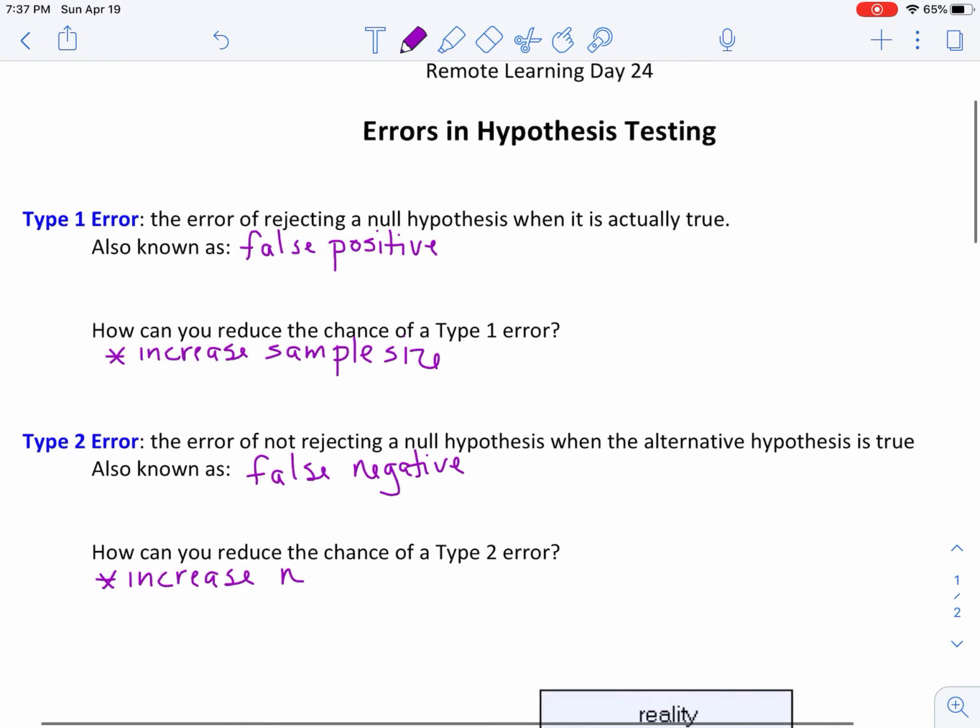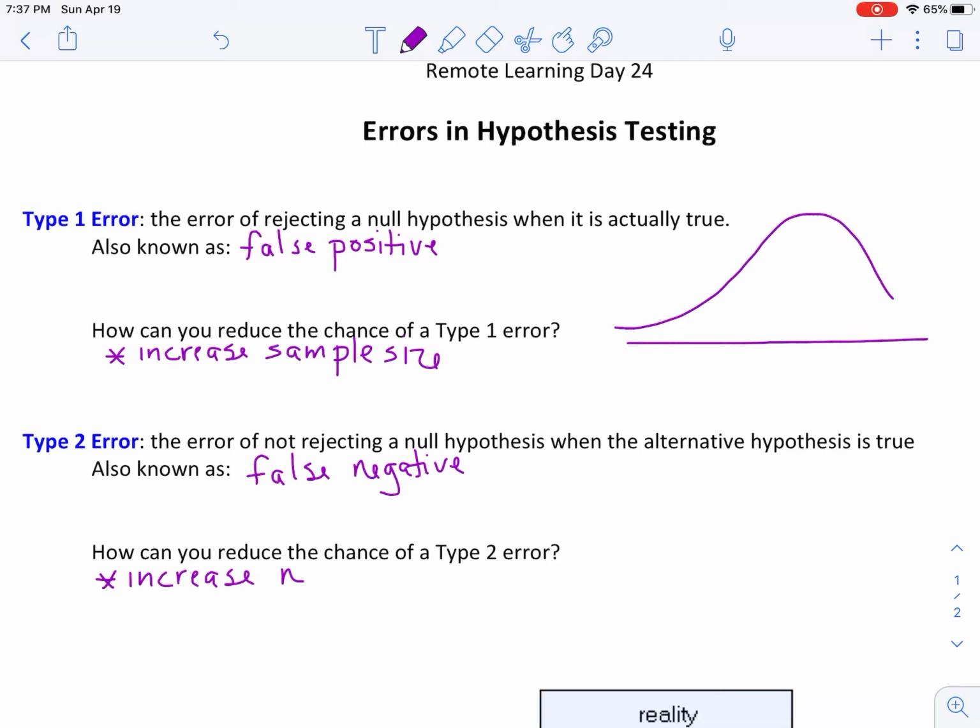Now, if I don't want to reject a null hypothesis, think about it. I reject a null hypothesis when I get a p-value that is less than alpha, right? So if I decrease my alpha level, I should decrease the chance of a type 1 error.